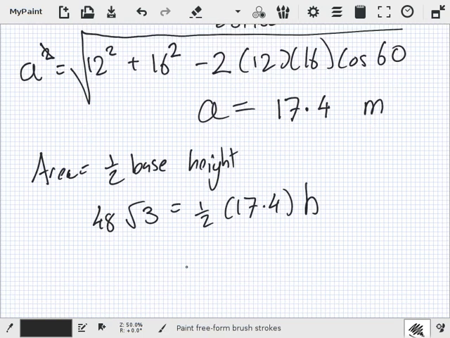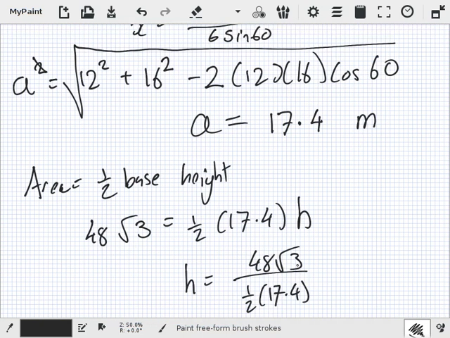So finally the answer will be h equals 48 root 3 over a half 17.4. We can calculate that then. Seems believable. 9.5 556. So that's 5 6 then.